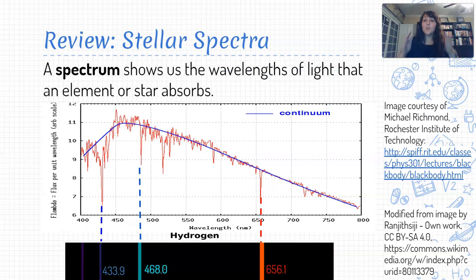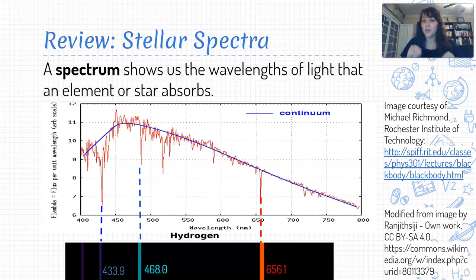All right. So last time we introduced the idea of spectra. We talked about how each element has very specific wavelengths that are special for that element because each of those wavelengths has the right amount of energy. If we're talking about photons, those wavelengths of photons have the right amount of energy to allow electrons to jump up an energy level. So there are these spectra for individual elements.